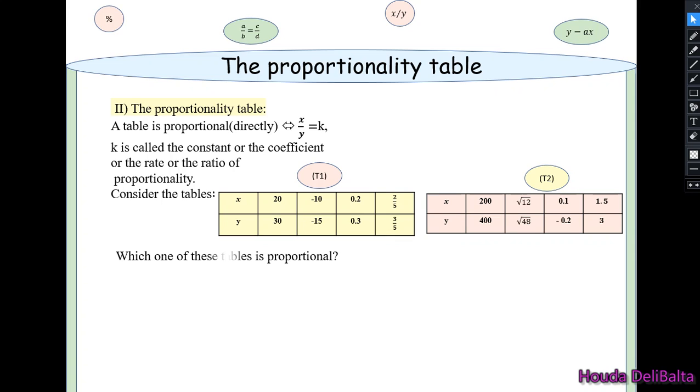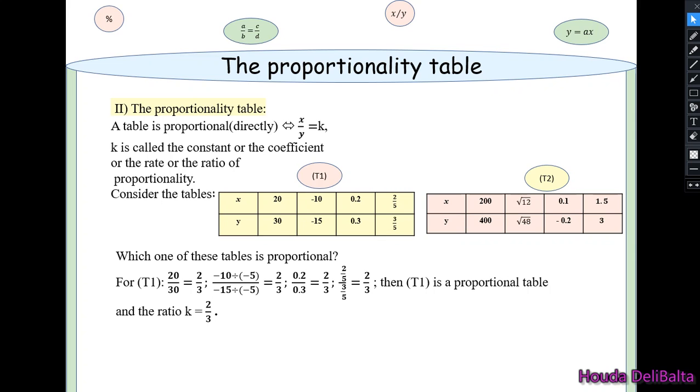Let's start to check which one of these tables is proportional. According to T1, we start dividing x by y, then 20 by 30 is 2 over 3. Minus 10 by minus 15, dividing each term by minus 5, we will get 2 over 3. 0.2 by 0.3, pushing the decimal point, and here also we get 2 over 3. 2 over 5 divided by 3 over 5, cancelling 5 together or making the exterior times the exterior divided by the interior times the interior, we also got 2 over 3.